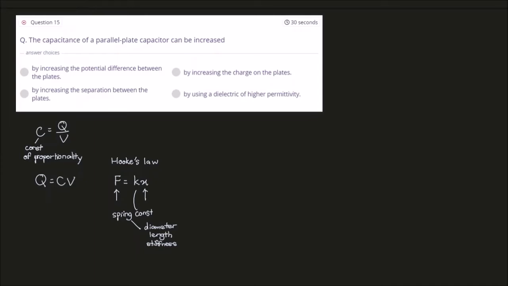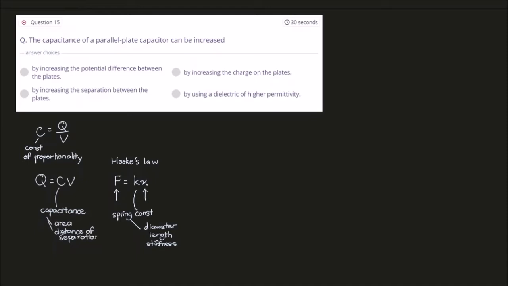So for this case, the capacitance can actually be changed by only changing something with the capacitor itself. So this thing is capacitance. If you want to change the capacitance, you should change the area of the parallel plates, or you can change the distance of separation, or you can add in dielectrics in between the parallel plates.